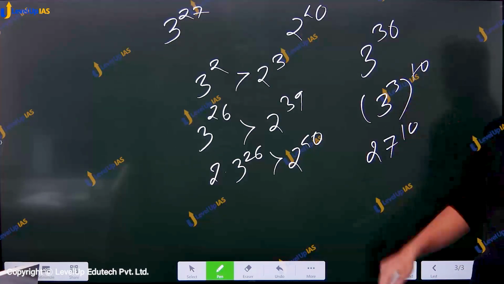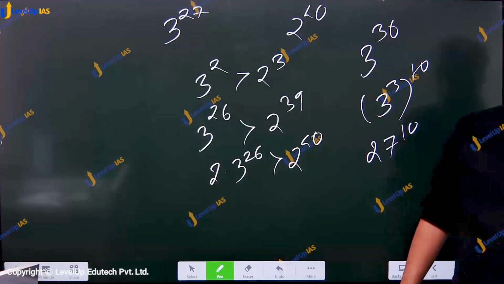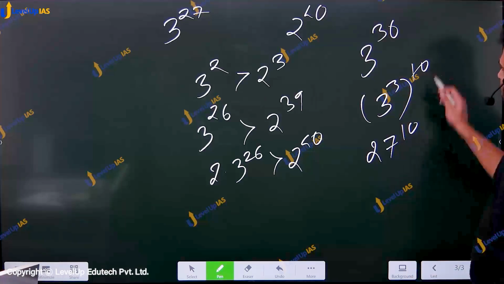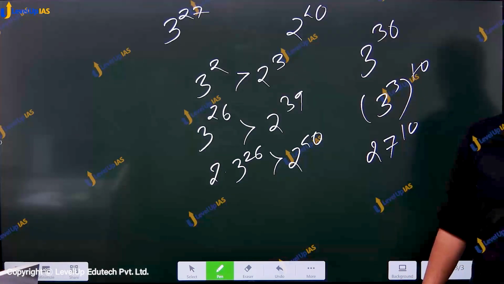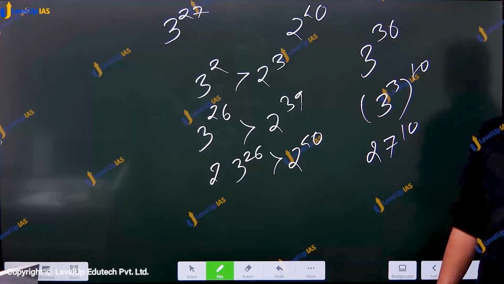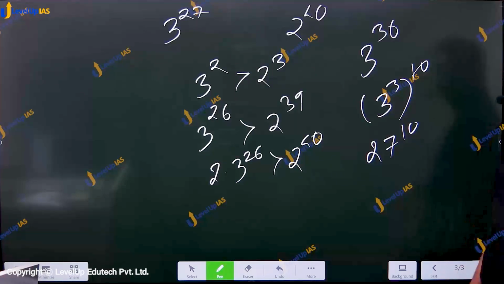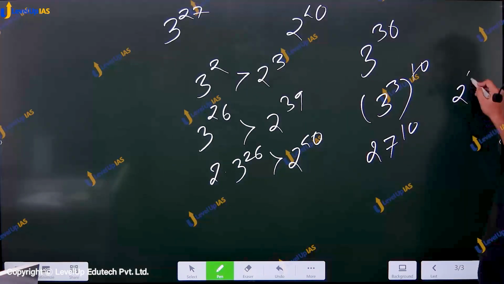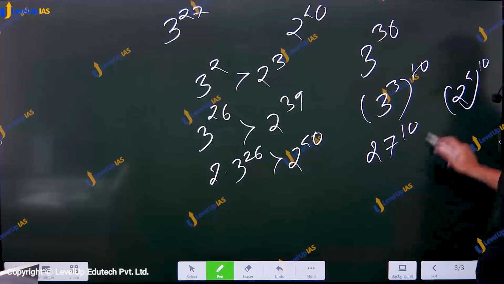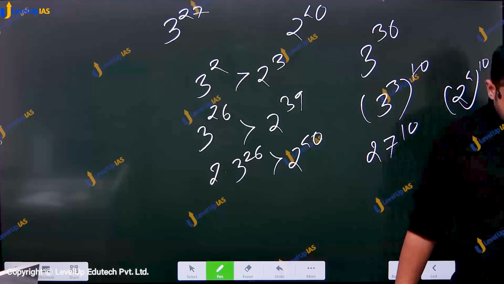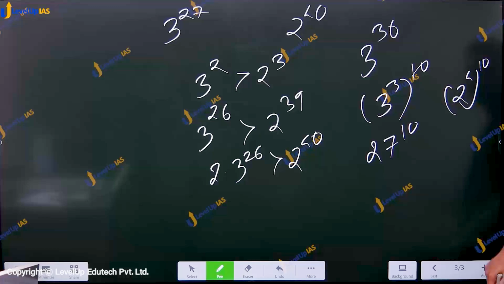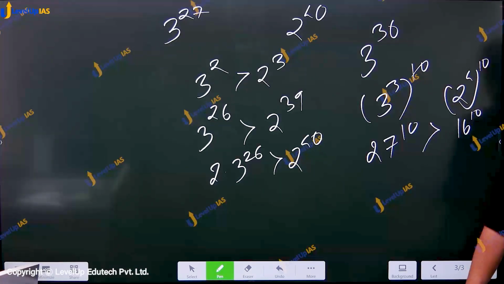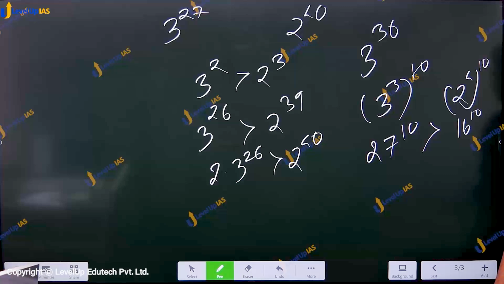Three raised to 3 is 27 ना. हाँ 30. हाँ हाँ हाँ. हम्म हम्म. Right. Right. हाँ 16. हाँ. This is bigger. हाँ हाँ.